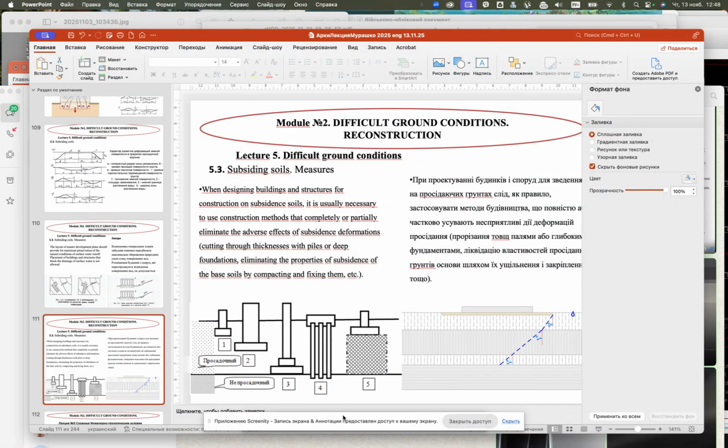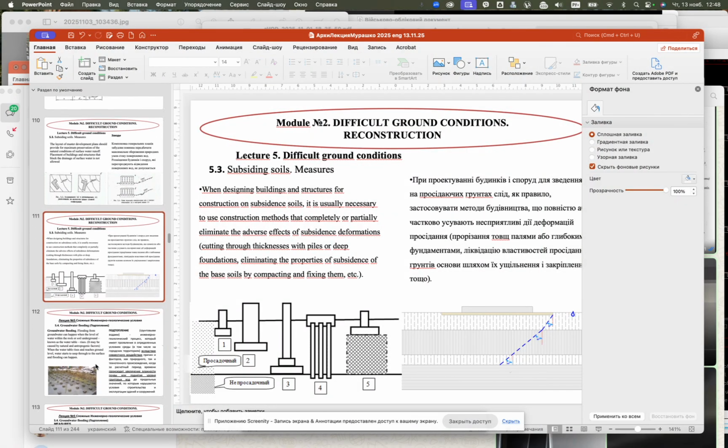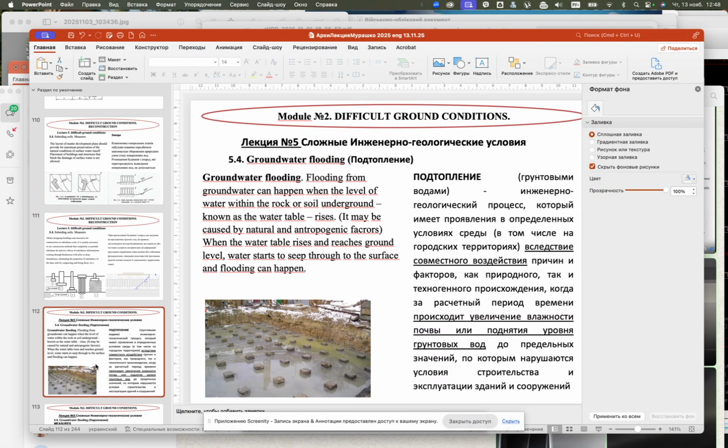Next is to support our building on non-subsiding soils by deep foundations or piles, or substitution of soils. Also, we can use curtains and protective measures, or we can compact the ground, which also reduces its subsidence properties.